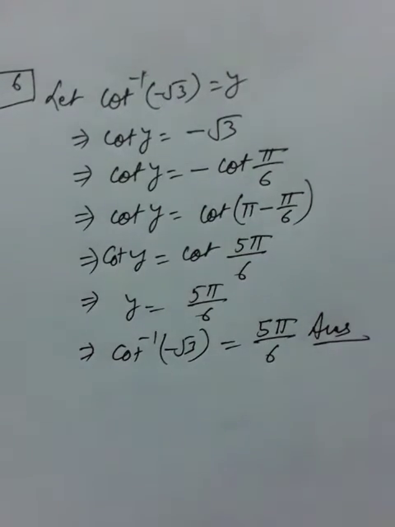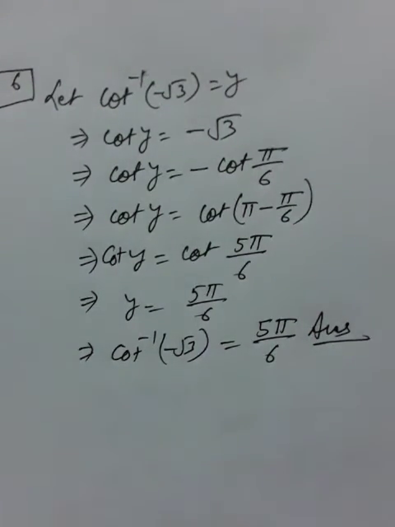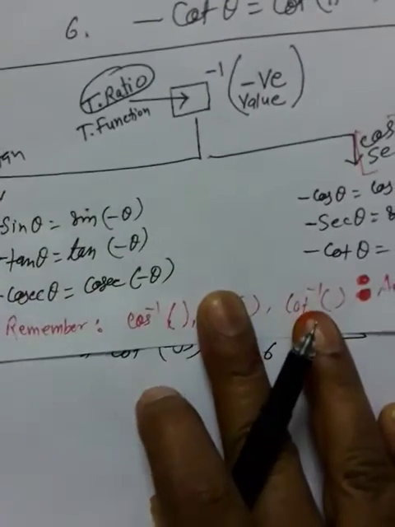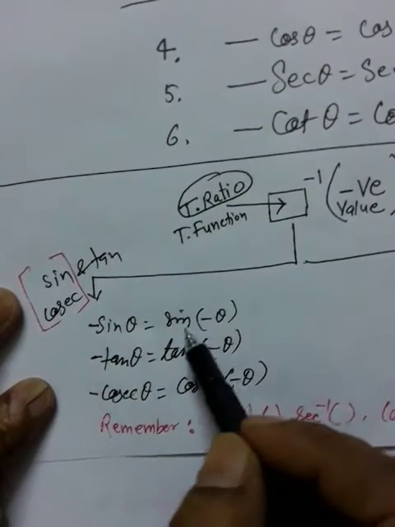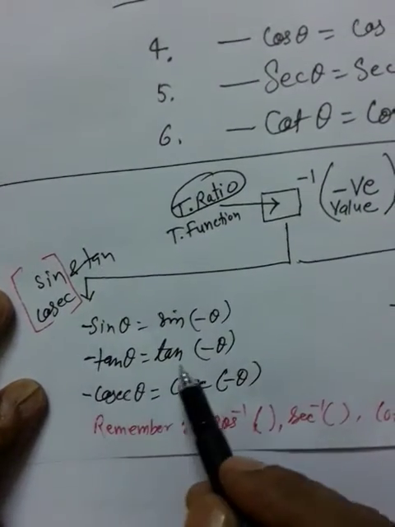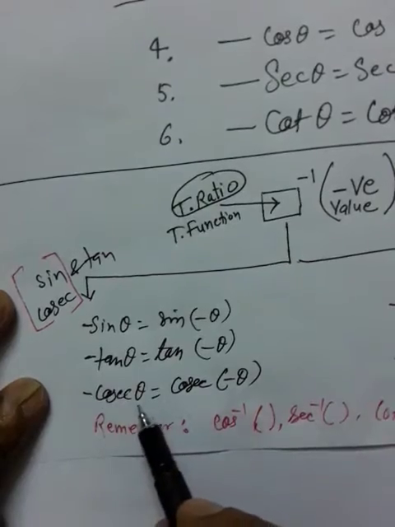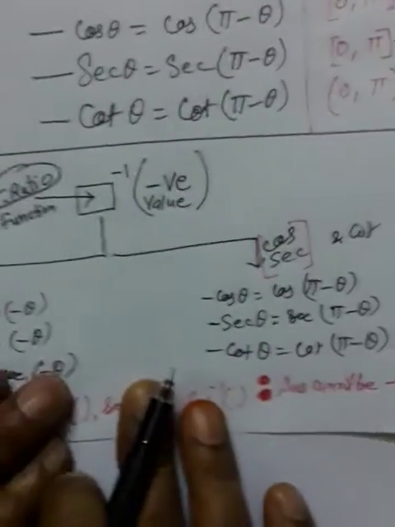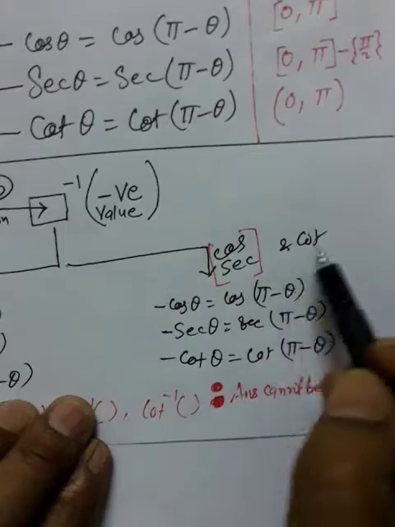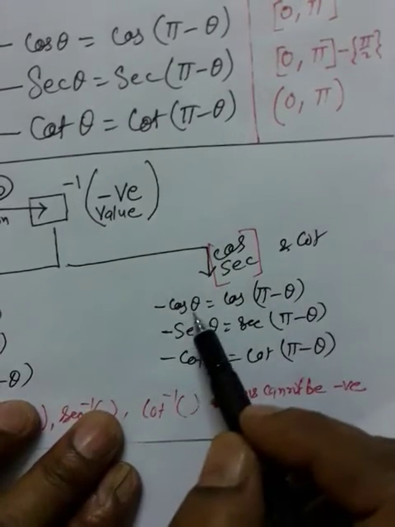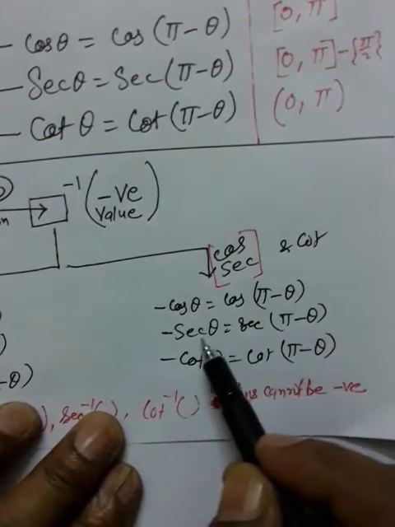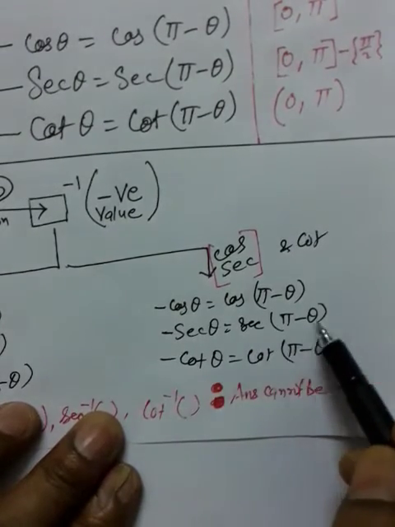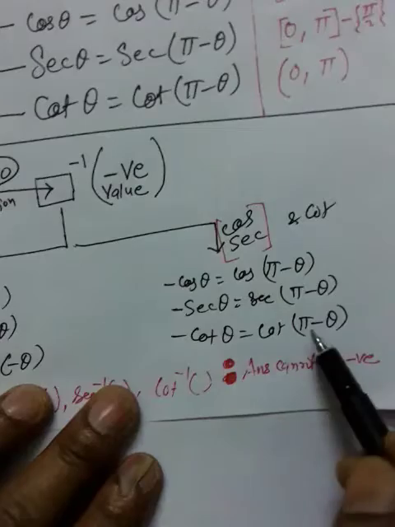Dear children, I want to make one thing very clear. Remember this, and see the two branches here. Minus sin theta, sin minus theta; minus tan theta, tan minus theta; minus cosec theta you will put cosec minus theta. And for cos, sec, cot, minus cos theta you will put cos pi minus theta, minus sec theta you will have sec pi minus theta, minus cot theta, cot pi minus theta.